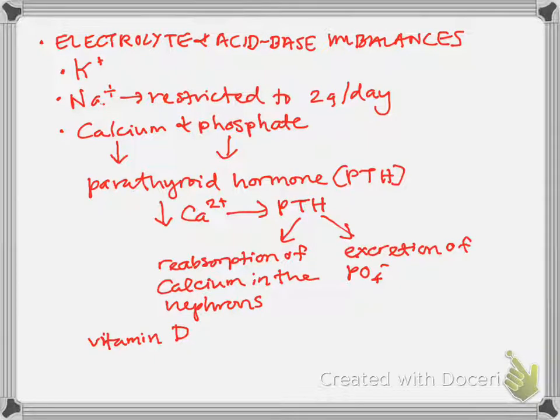So when we talk about kidney failure and we're talking about electrolyte disturbances and bone demineralization, let's look at that pathophysiology map. So if we have renal failure, that means we have a low glomerular filtration rate.